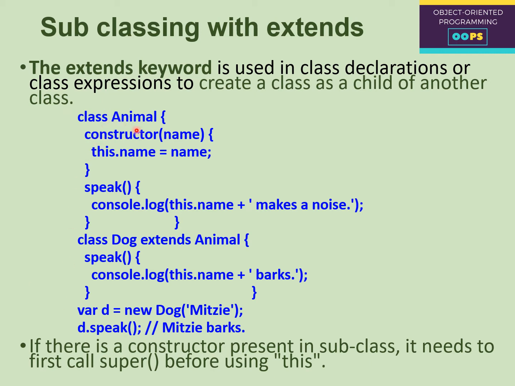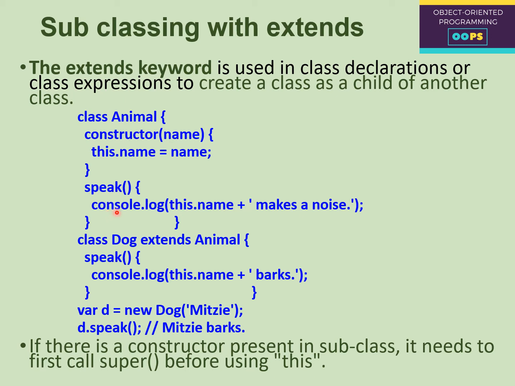A class is created with the name Animal, and inside the Animal class there is a constructor with a single attribute, name, and this.name is equal to name. So it means that Animal has a property name. Then there is another function called speak, the member function of this class.